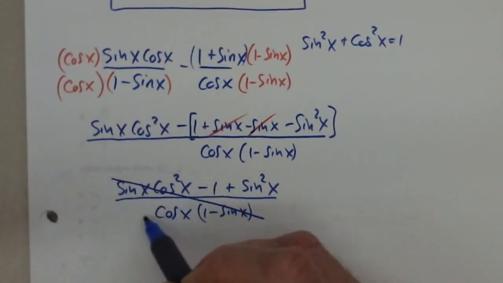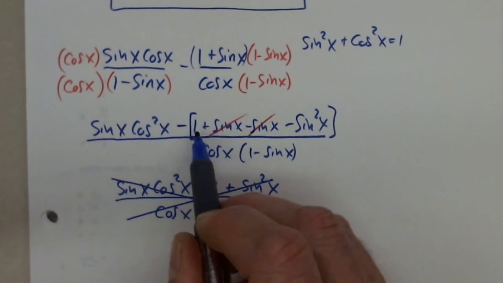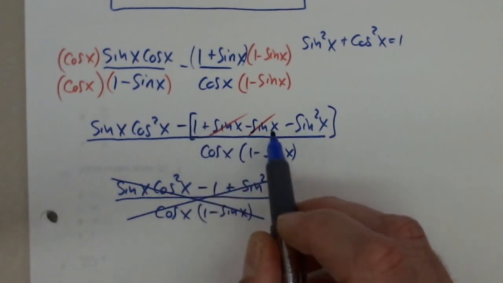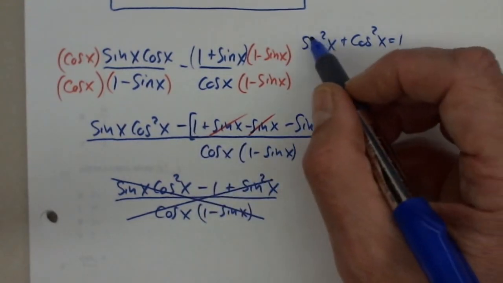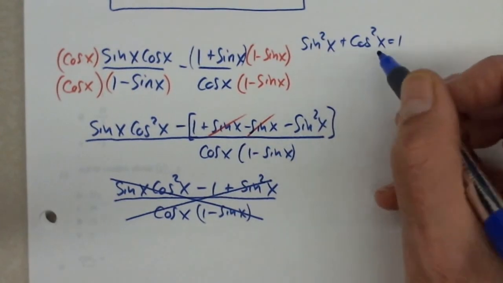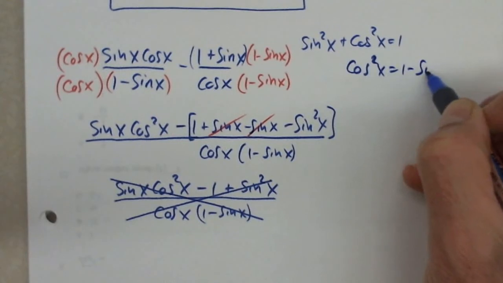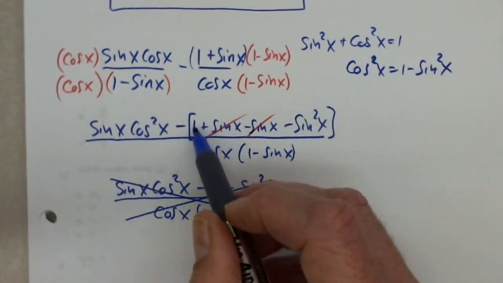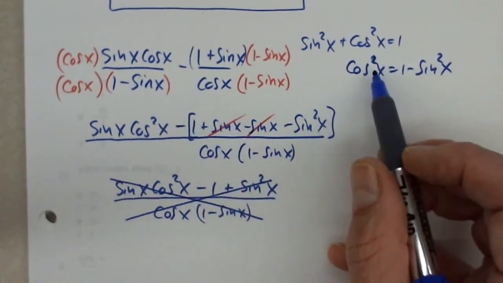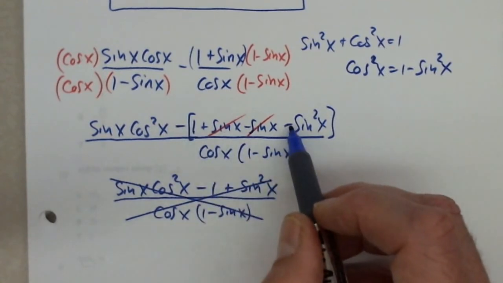So instead of doing that, let's see this 1 minus sine squared, and here's our original identity. Cosine squared is 1 minus sine squared. So this turns into cosine squared because it's 1 minus sine squared.